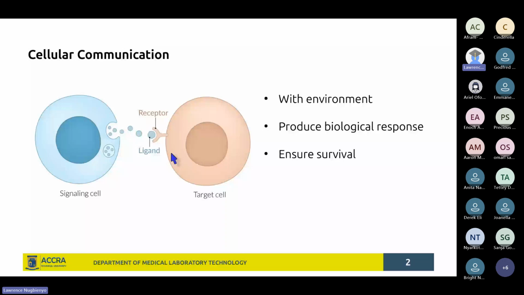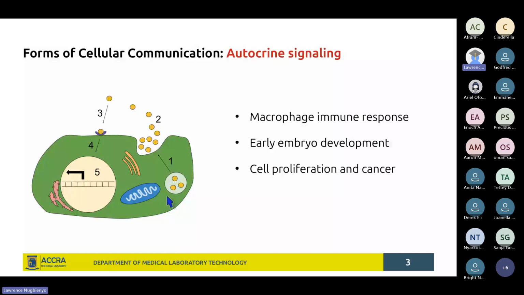So you have two cells communicating in this manner. That's a general way to present how cells communicate. Now, there are different forms in which cells communicate.